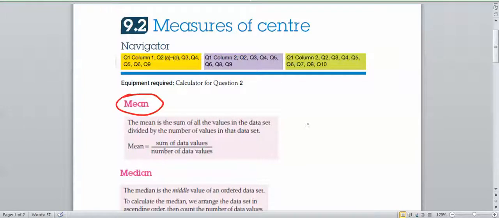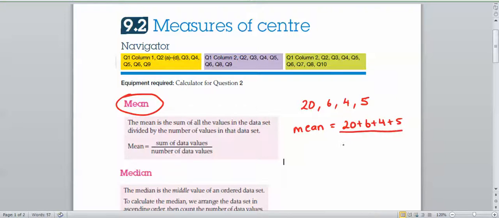So for example, let's just say if we had 26, let's not worry about what they actually mean at the moment, but we've got these data values. If we wanted to find the mean, it is the sum of all the values. So we would add them together, 20 plus 6 plus 4 plus 5, which is 9, 15, 35.